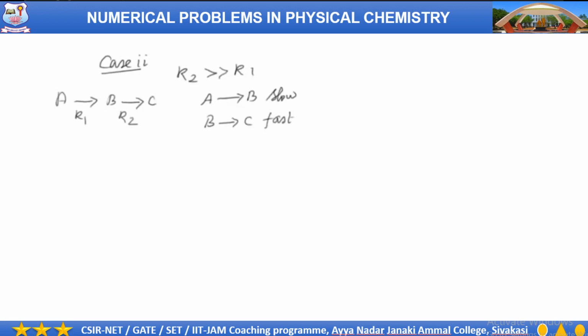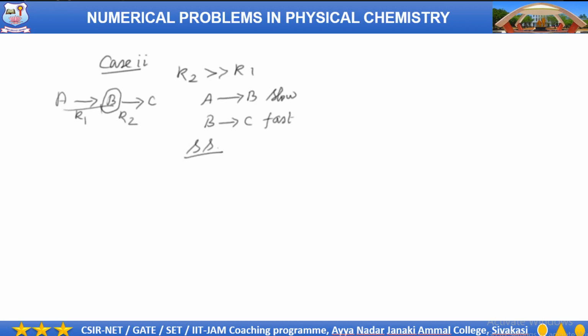Such a species B is called a transient species. Its concentration is very, very small because as and when it is formed, it is converted into C. For such cases, the steady state hypothesis is applied.